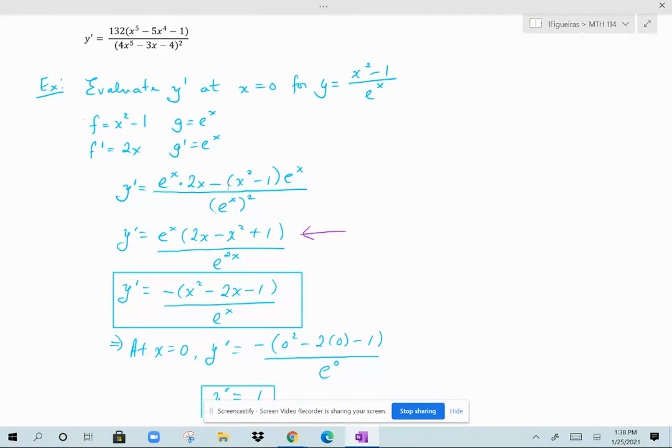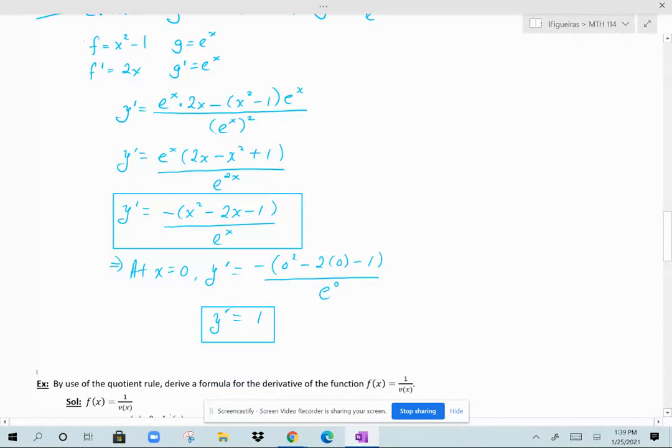But that just means that this e to the x will cancel with one here. So I no longer have e to the x in the numerator. And my denominator is just e to the x in the next line. And I can factor out a negative from the numerator. So I end up with negative parentheses x squared minus 2x minus 1 over e to the x.